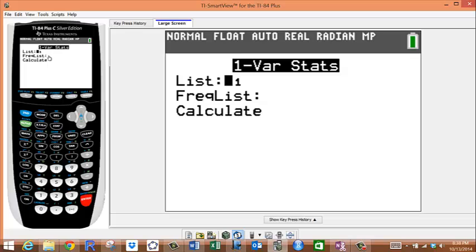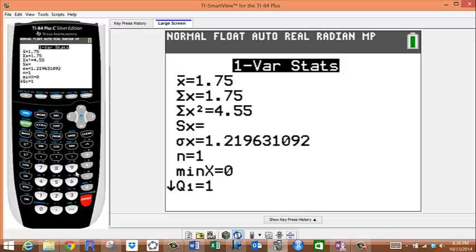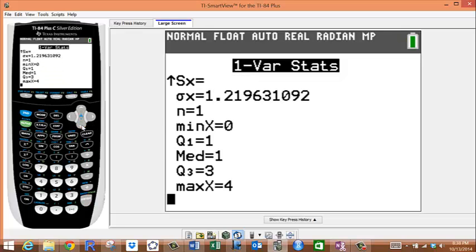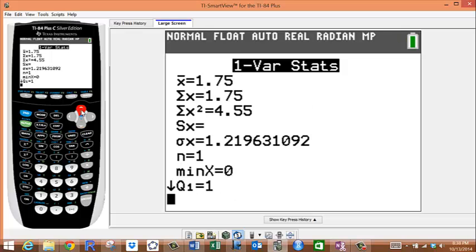That's the x values, and our frequency will go down here, and we'll hit second L2, and then enter. And for those of you who don't have the list here, when you go to one variable stats, you'll just enter L1 comma L2, and it'll calculate it for you. Okay, so here you have the standard deviation, and you've got the mean here for that probability distribution. And so that will help you get the variance and the standard deviation.